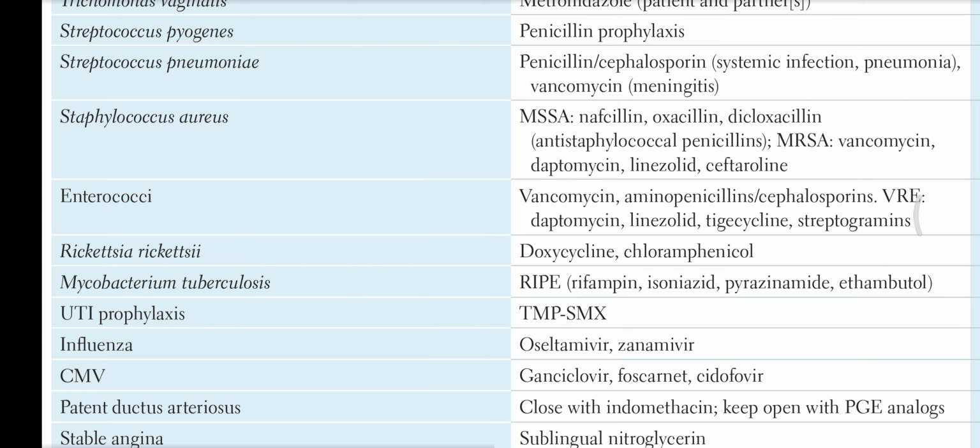For MRSA, vancomycin, daptomycin, linezolid, and ceftaroline are used.